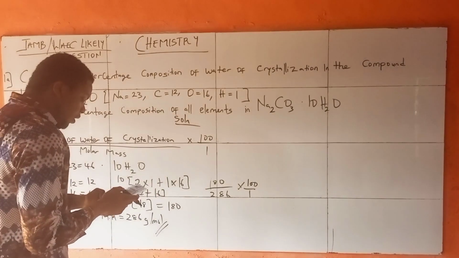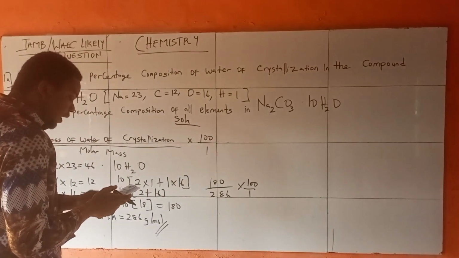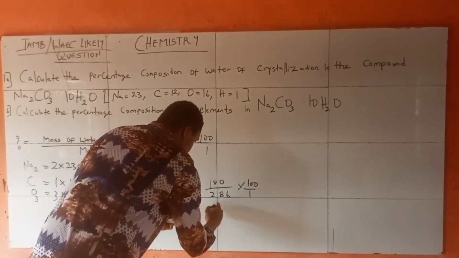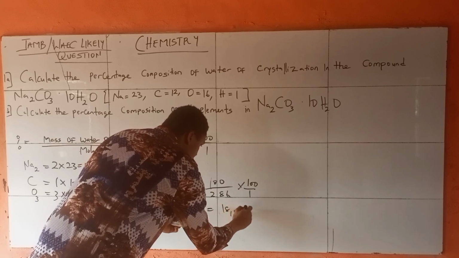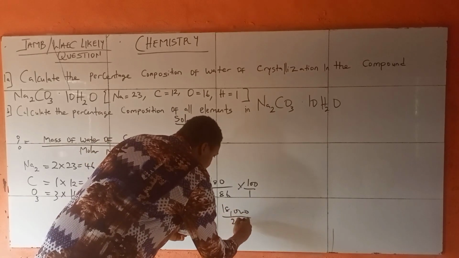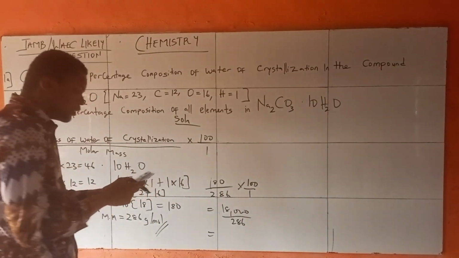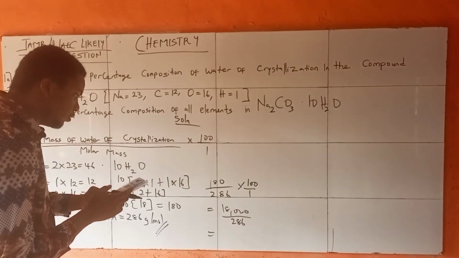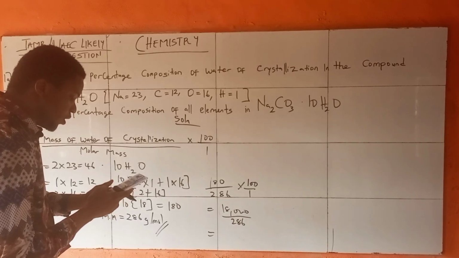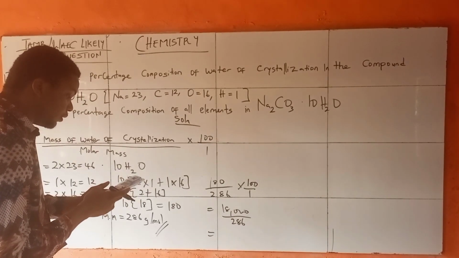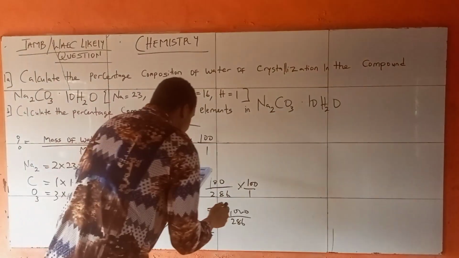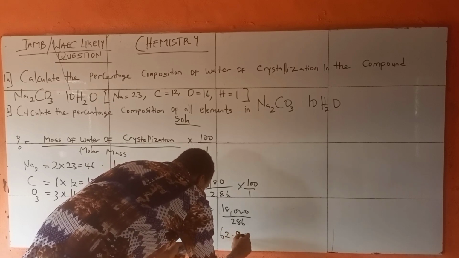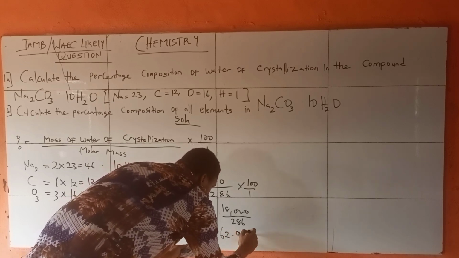Let's solve this out. 180 times 100 will give us 18,000 over 286. 18,000 divided by 286 will give us 62.937.